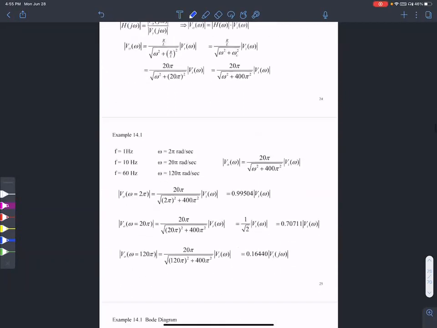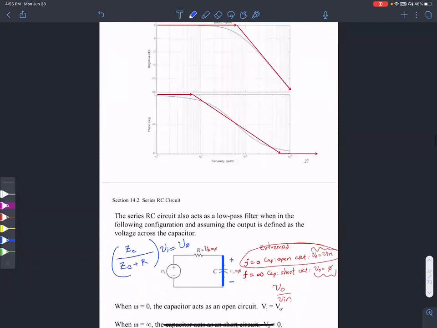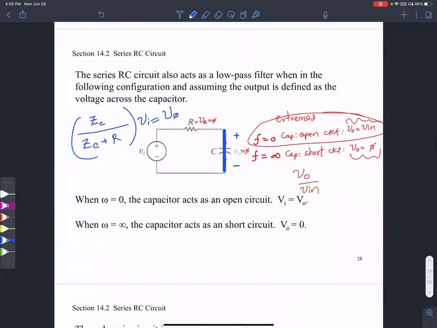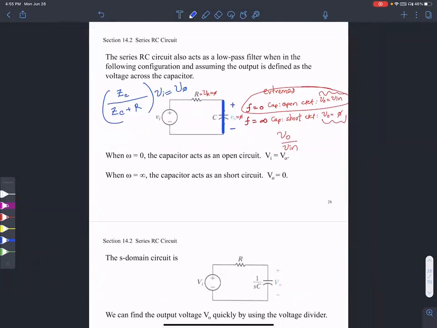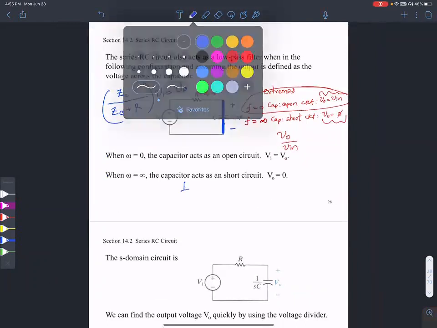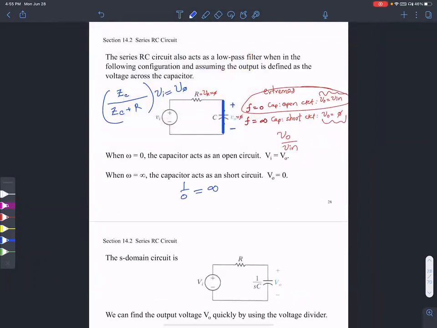So when omega is 0, don't you have 1 over 0? Yeah, that's right. 1 over 0 is what? The open circuit? Okay. Does that answer your question? Yeah, that answers the question.